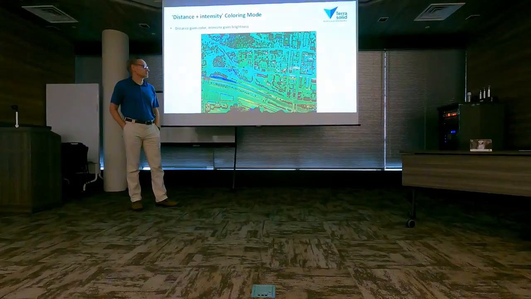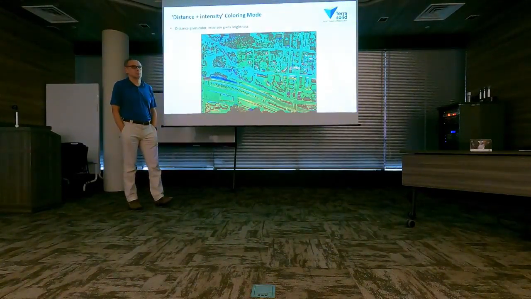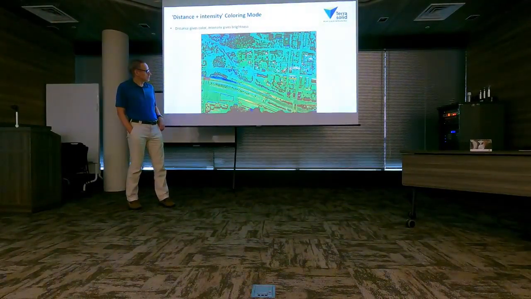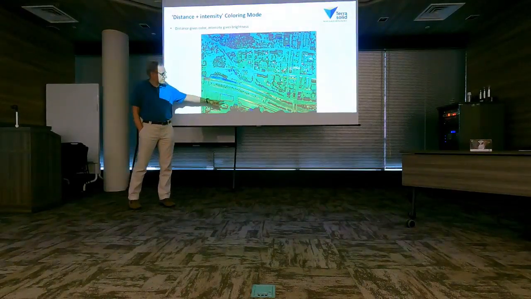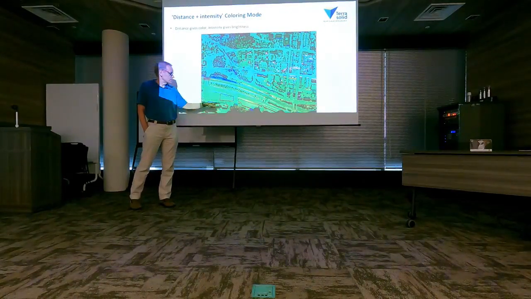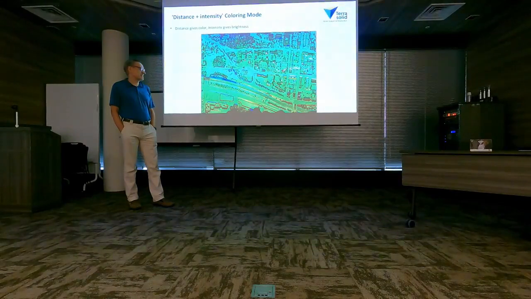And where I have buildings, I have some blue on one side, red on the other side. And again, that is consistent with some XY mismatch between flight passes.